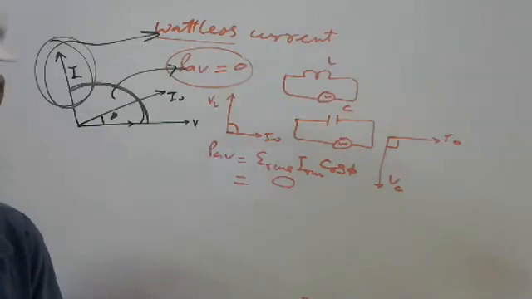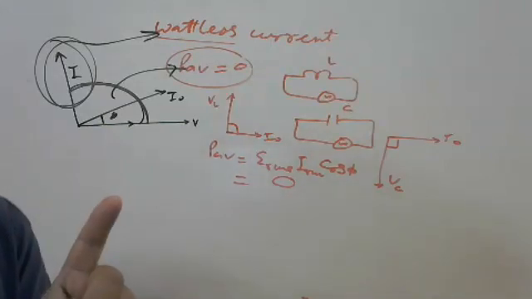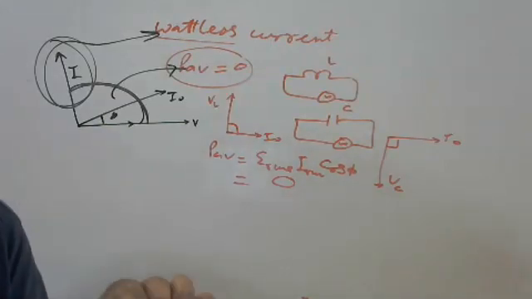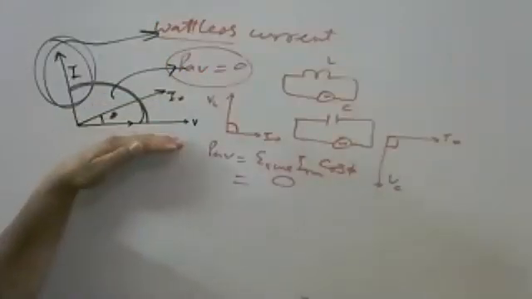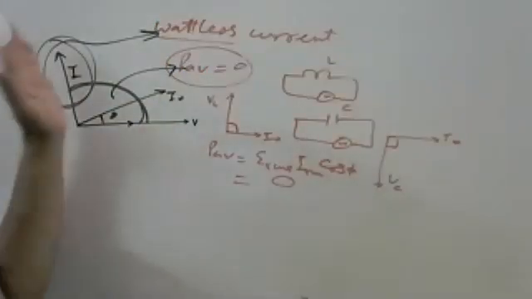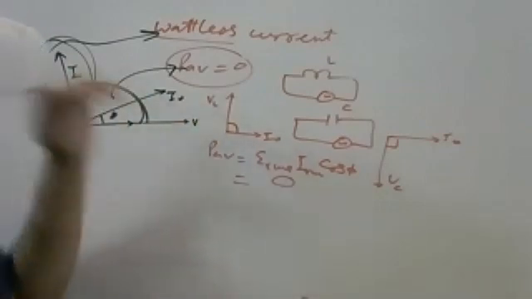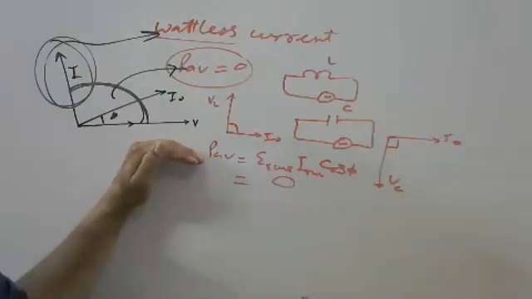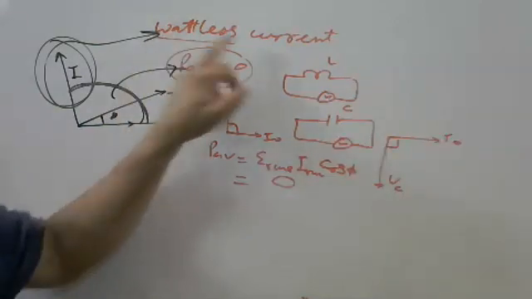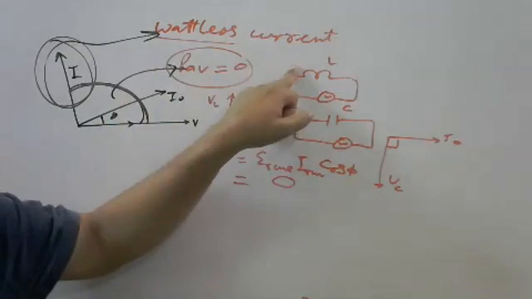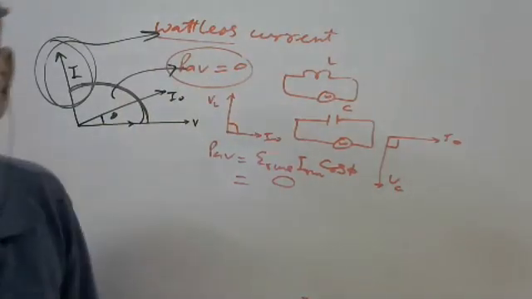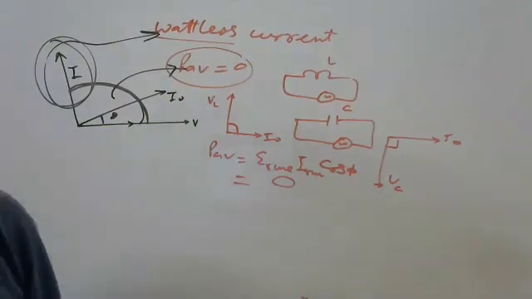So whenever the particular current is resolved, in parallel we are getting the power, in perpendicular we are not getting the power. It means the current perpendicular to the voltage in AC will give you 0 power, wattless, powerless current. So wattless current means it is giving you no power.